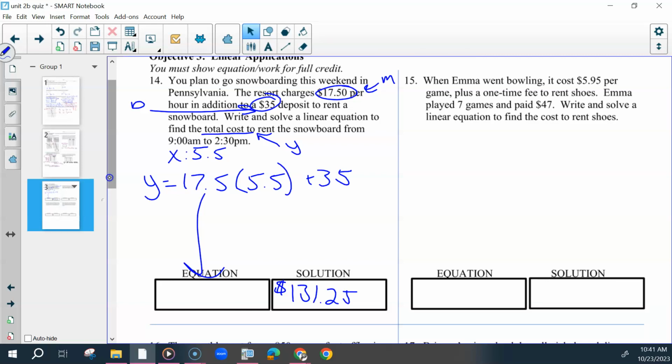So 3 points on this one. Did you label your variables correctly, get your correct equation and the correct solution with your label, which would have been dollars? We will do the other 3 when we come back from lunch.